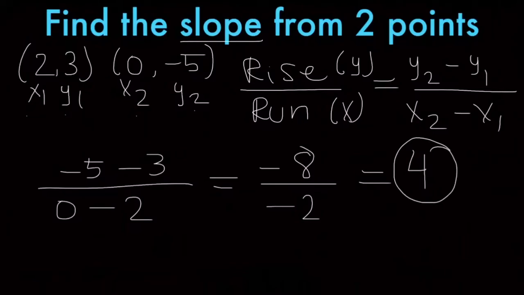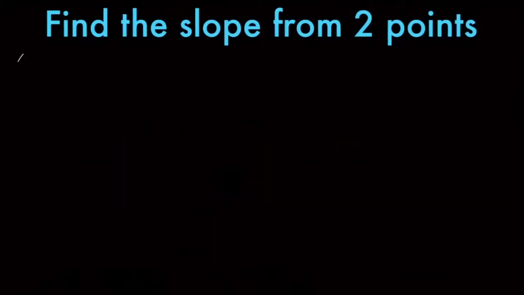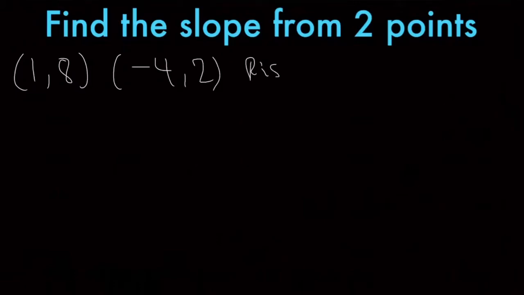Now we can take a practice question. (1, 8) and (-4, 2). Again, we're going to use the rise over run, which is y2 minus y1 over x2 minus x1.